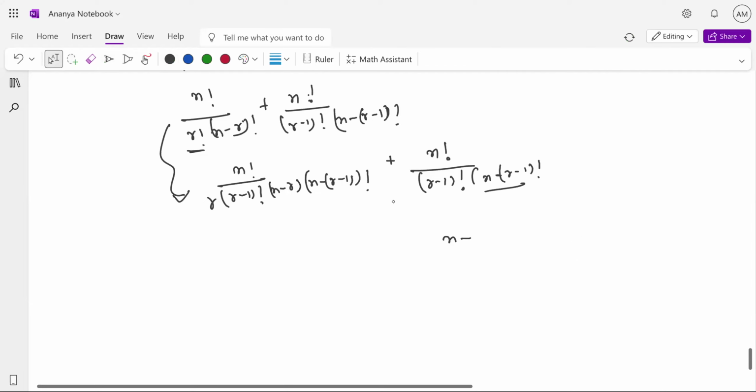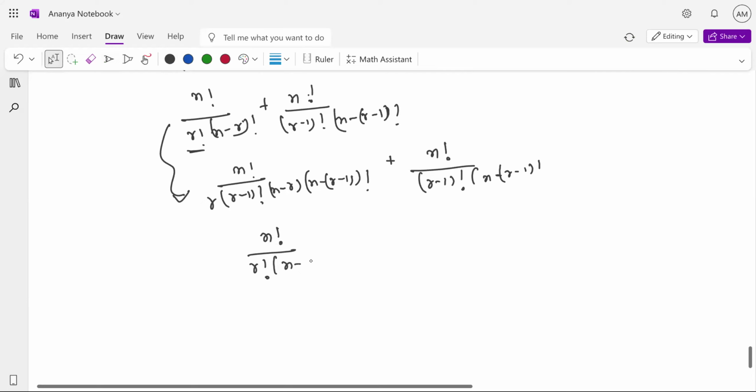Let's rewrite the same thing in another format. So this is n factorial divided by, if we have r, I already had r minus one, I'm not writing that again, r factorial, let it be, n minus r minus one factorial, into n minus r, right, sir?